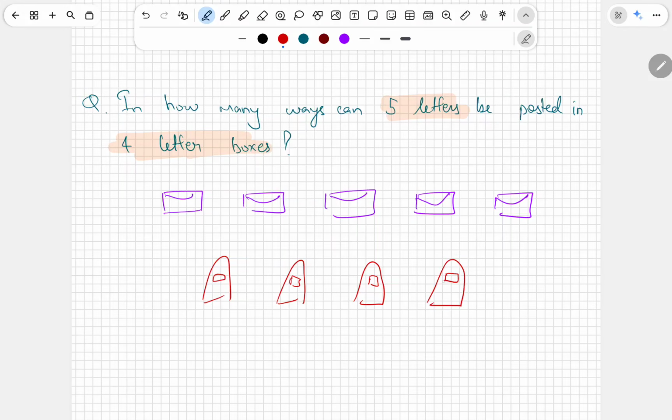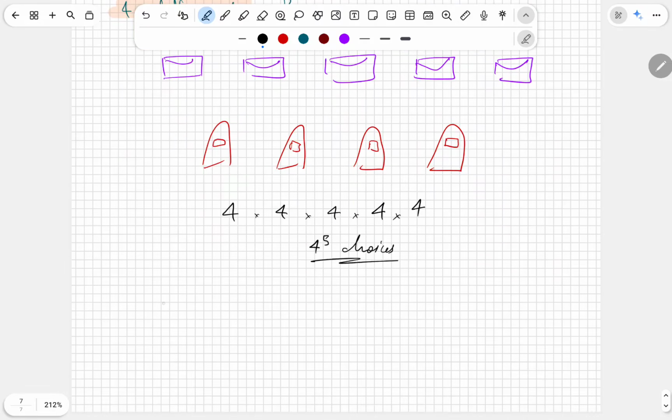If I have to solve this question, the first letter has 4 choices, the second letter also has 4 choices, and so on for the third, fourth and fifth letters. So the answer is going to be 4 to the power 5 choices. I hope the concept was clear.